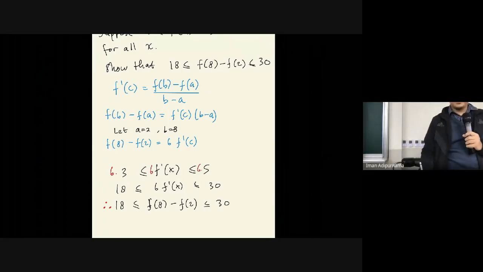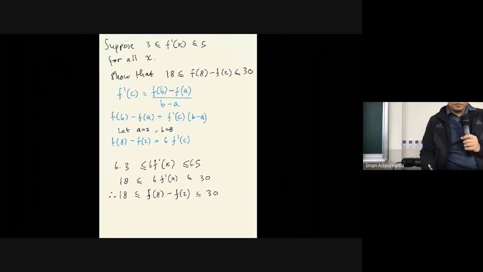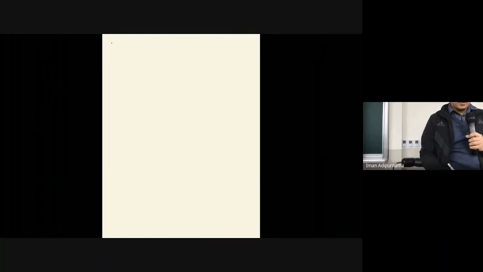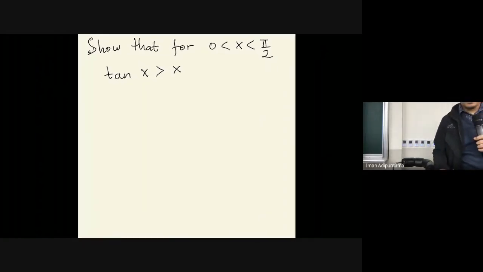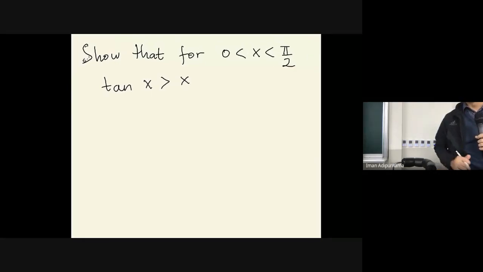Okay, another, I think last, example for the mean value theorem. Show that for x from 0 to pi over 2, the interval, tangent x is greater than x.